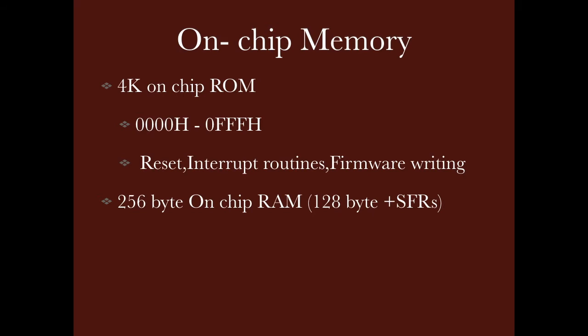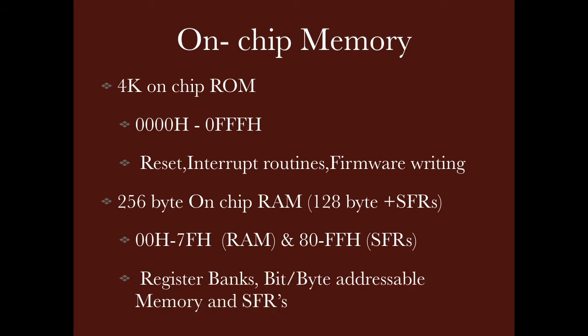Then it has 128 bytes of RAM plus 128 bytes of SFRs. Basically, a total of 256 bytes of on-chip RAM is there in the microcontroller, where 128 bytes is general purpose RAM to store the data, and the remaining 128 bytes is fixed for special function registers. 00 to 7FH, that is 128 bytes, is the RAM, and 80H to FFH is allotted for special function registers.